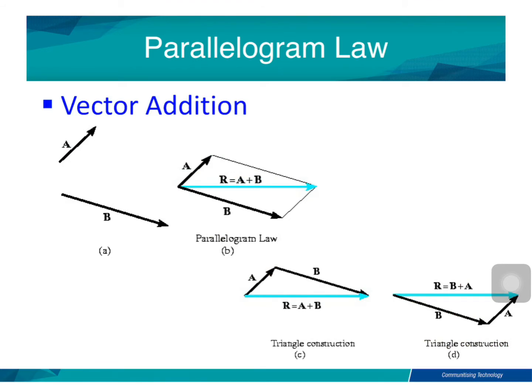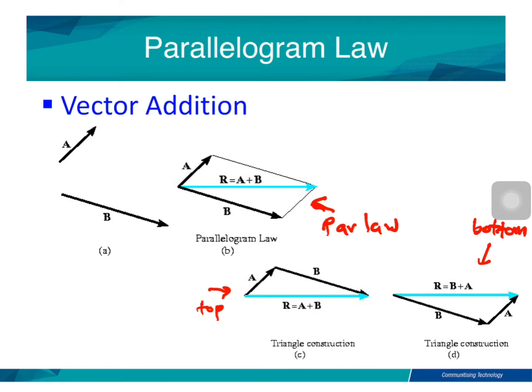So next, how do we want to solve the force resultant? After we sketch the par law, remember par law, then we need to choose the construction triangle. It is either the top triangle or the bottom.